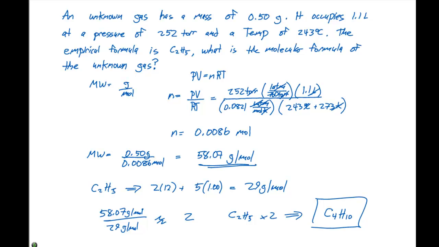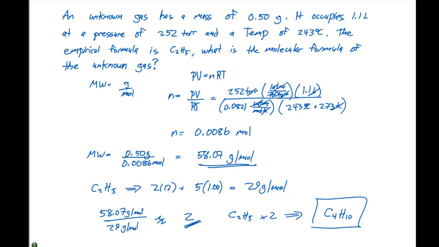We're given our empirical formula to be C2H5. We've determined the empirical formula weight, which is 29 grams per mole. If we take the value we determined, 58.07, divided by 29, that gives us a factor of 2. So we need to take our empirical formula and multiply by that factor to give us C4H10, which is the correct answer for this particular example problem.